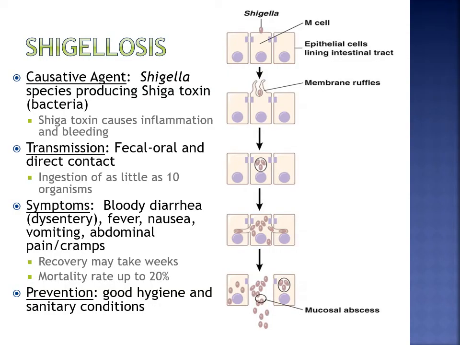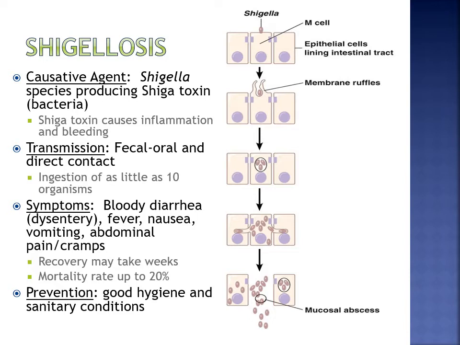Okay, our next diarrheal disease is shigellosis, or Shigella. This is caused by Shigella species of bacteria, specifically ones that produce a special toxin known as the Shiga toxin. The Shiga toxin's only function is to cause inflammation and bleeding in the intestinal system. Transmission is again fecal-oral route or direct contact. This one is very easily transmittable.